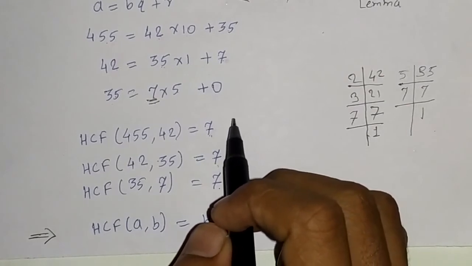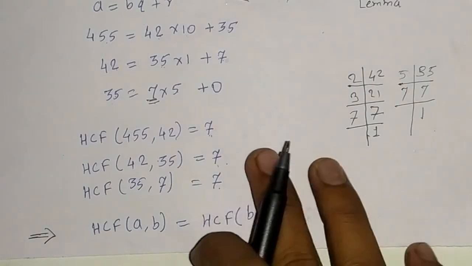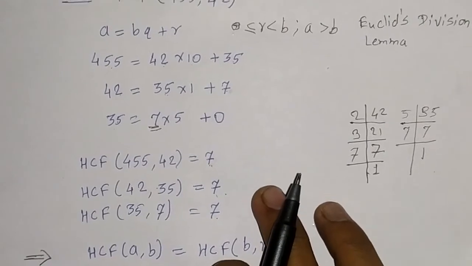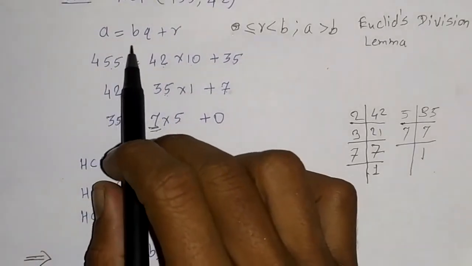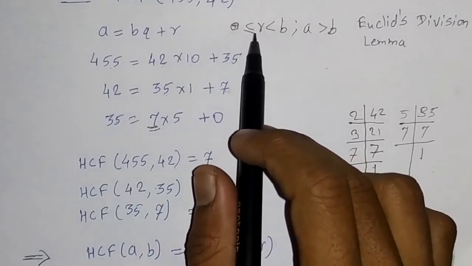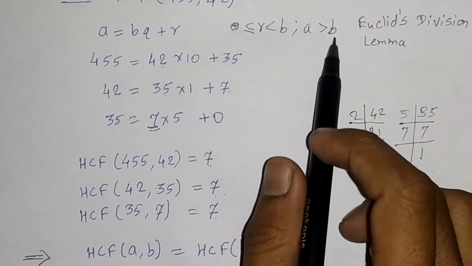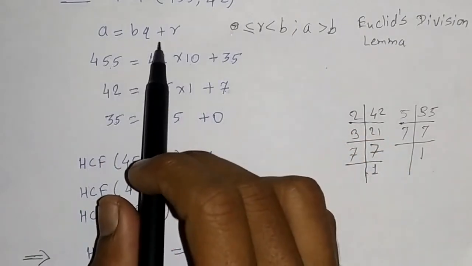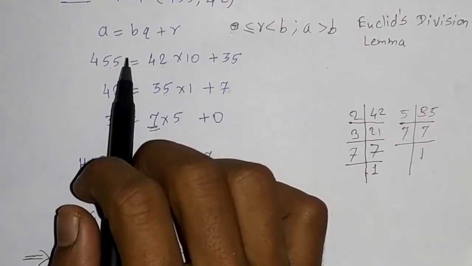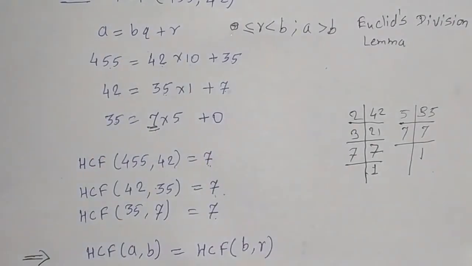You have to remember two things regarding Euclid's division lemma: the generalized form A equal to BQ plus R, where 0 is less than or equal to R less than B, and A is greater than B. This theorem is nothing but the generalized form of dividend, divisor and remainder. So remember two things.